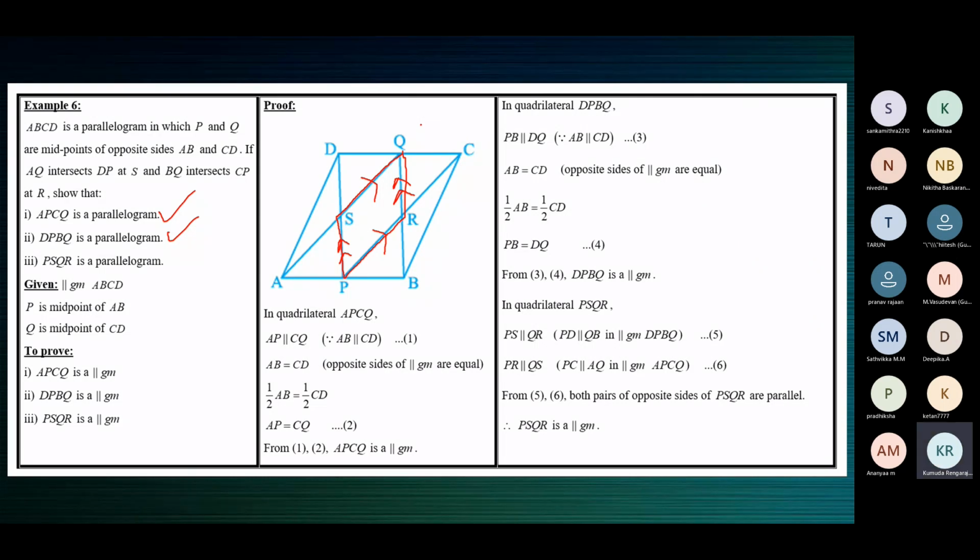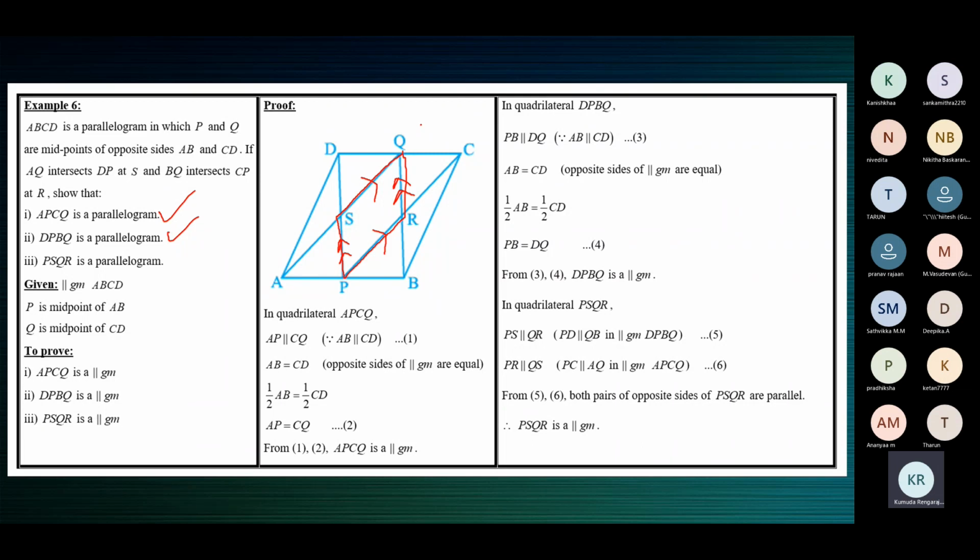So AQ is parallel to PC. SQ is a part of AQ and PR is a part of PC. See it?